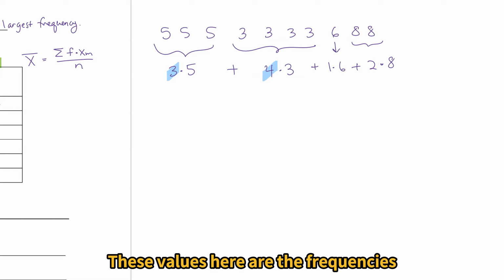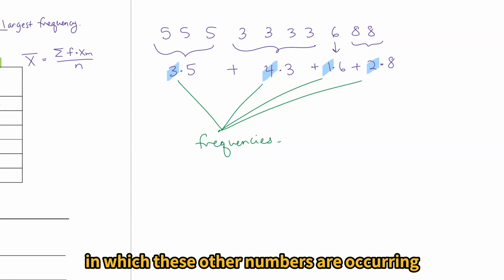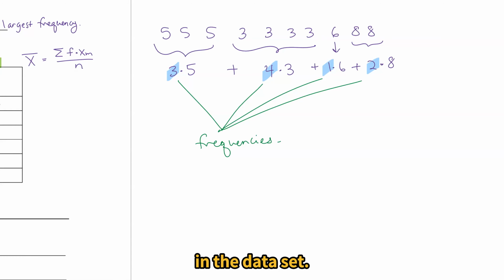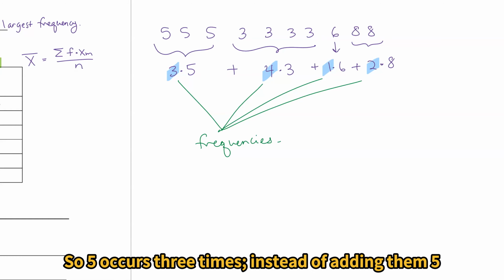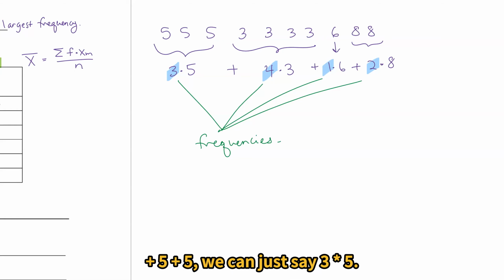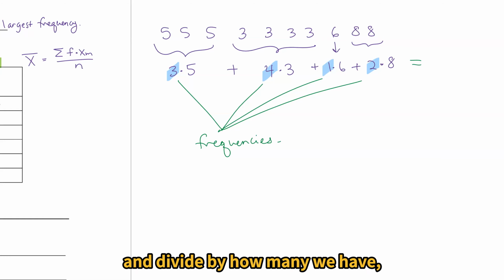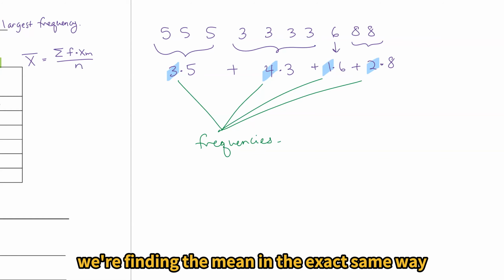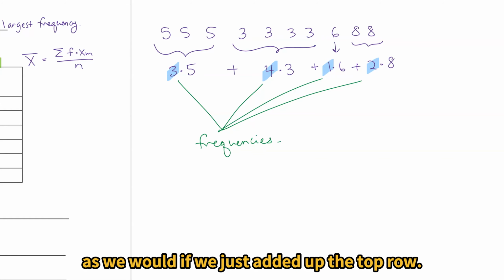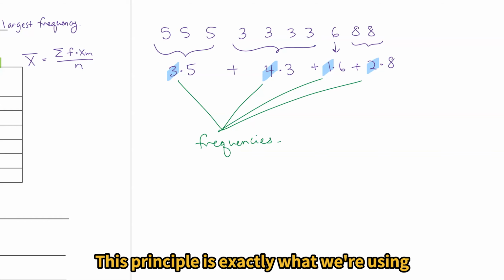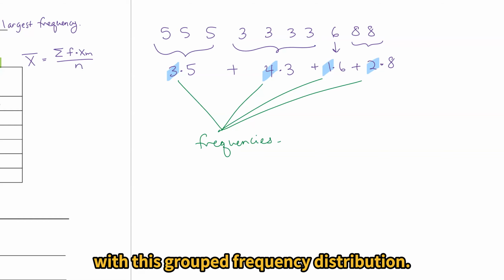These values here are the frequencies in which these other numbers are occurring in the data set. So 5 occurs 3 times. Instead of adding them 5 plus 5 plus 5, we can just say 3 times 5. Then, when we add them up and divide by how many we have, we're finding the mean in the exact same way as we would if we just added up the top row. This principle is exactly what we're using with this grouped frequency distribution.